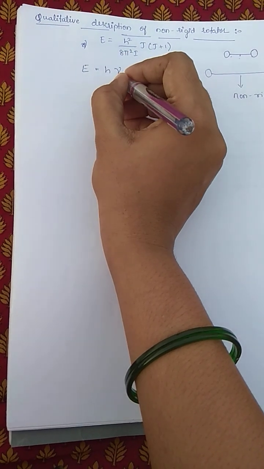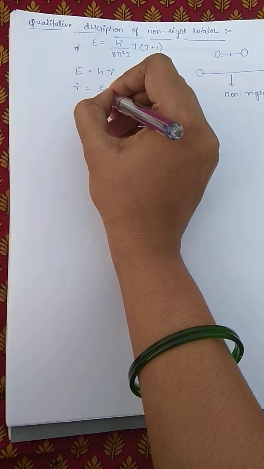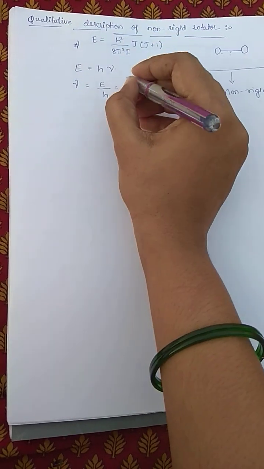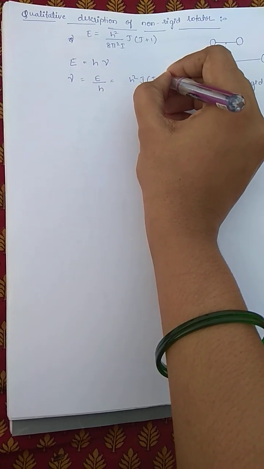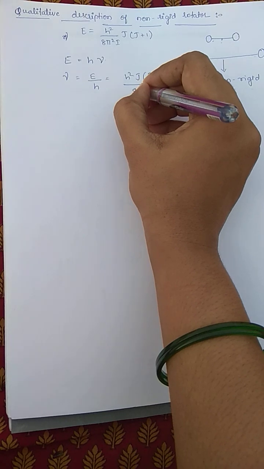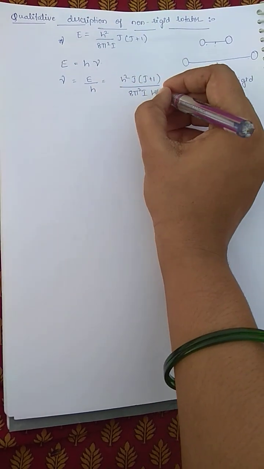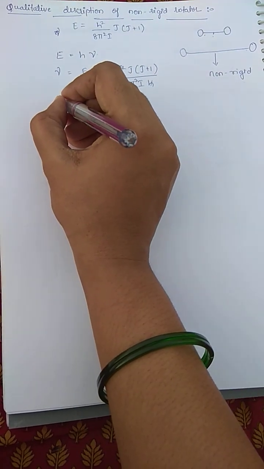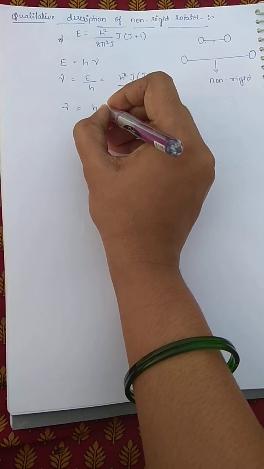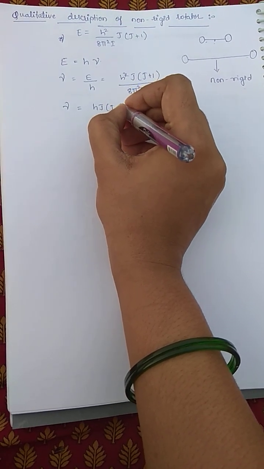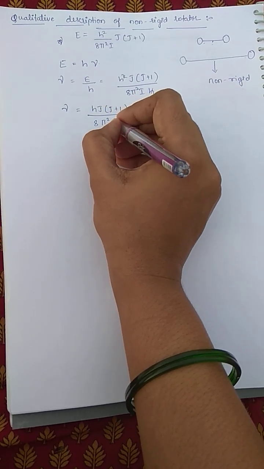Now we can calculate mu, that is mu is equal to E divided by h. The value of E is h square into J plus 1 divided by 8 pi square I into h, so this is cancelled. The mu, that is frequency, is equal to h J into J plus 1 divided by 8 pi square I.